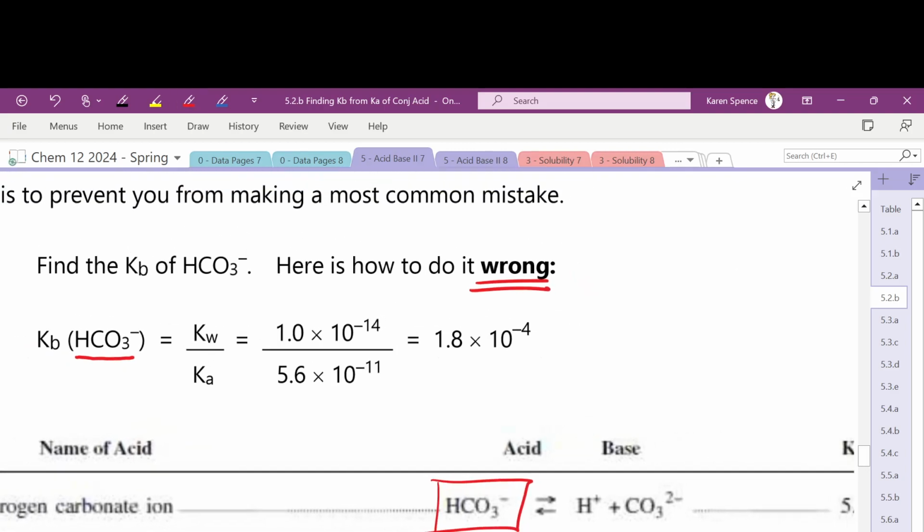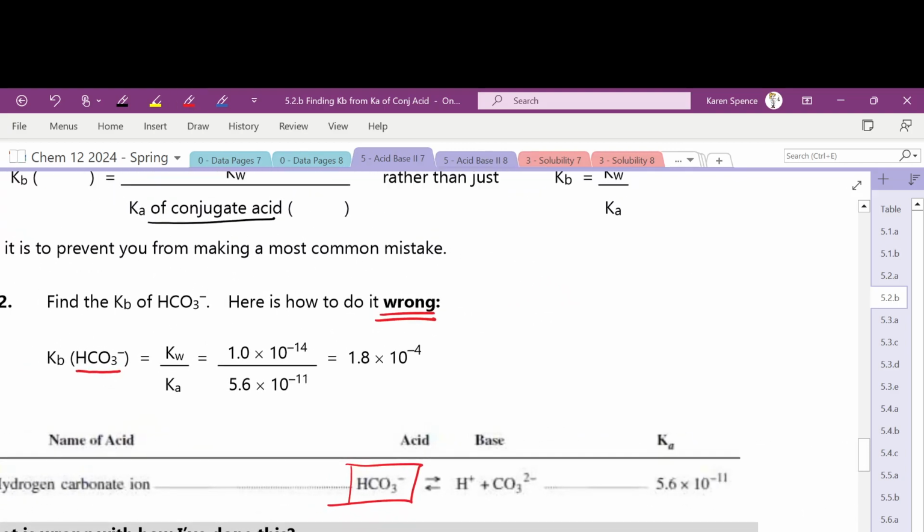Yes, this is on my data table. And I look up its Ka value, and I get 5.6 times 10 to the negative 11. And that's equal, when I do the division, I get 1.8 times 10 to the minus 4. What did I just do wrong? This number is the Ka of HCO3 minus.